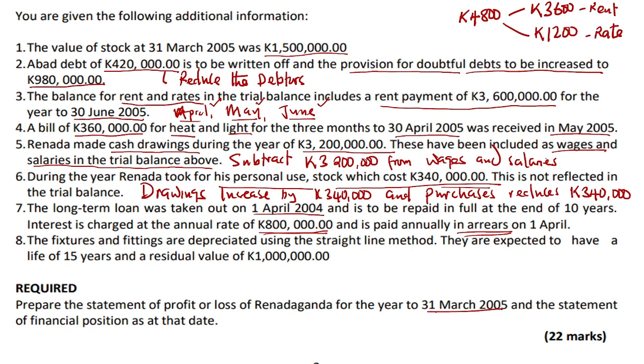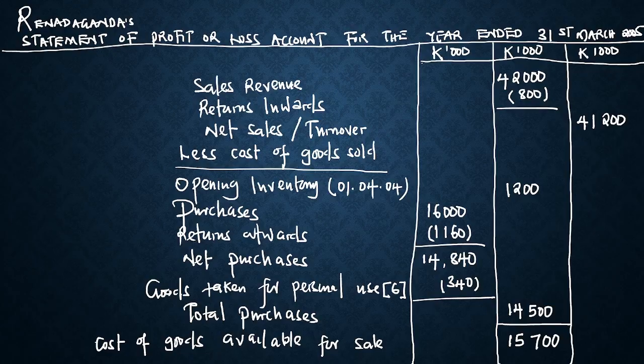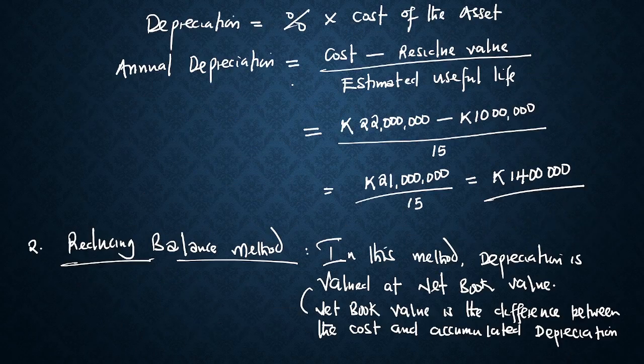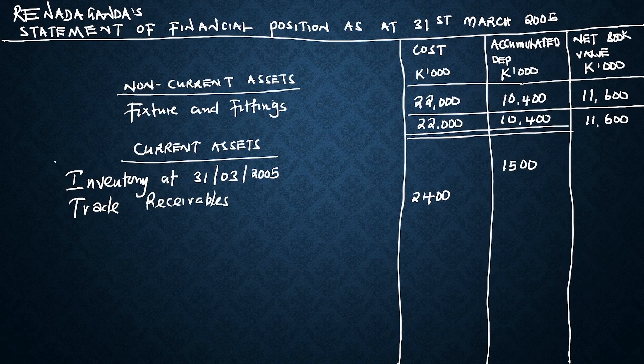Receivables is the one that we're calling debtors. So receivables are debtors. Okay. So we have the bad debts written off, $420.